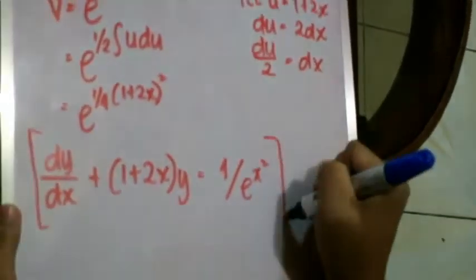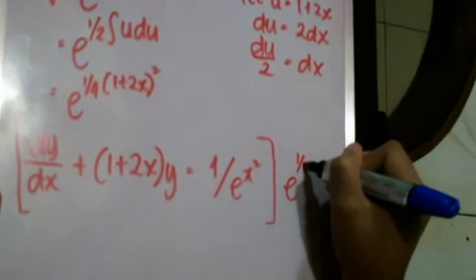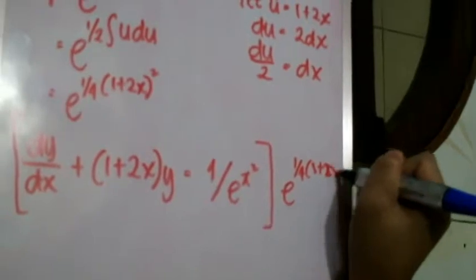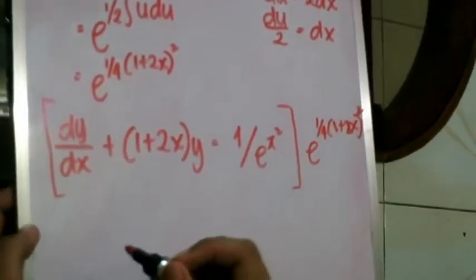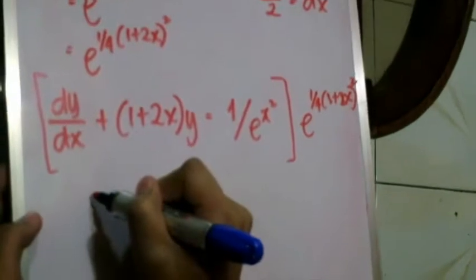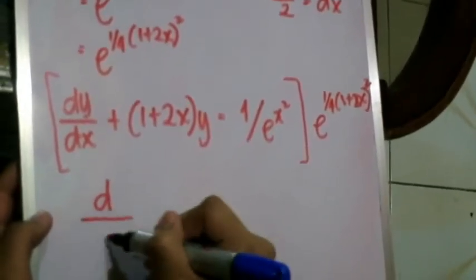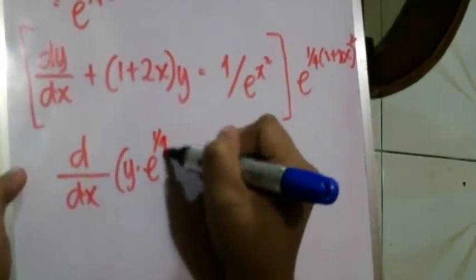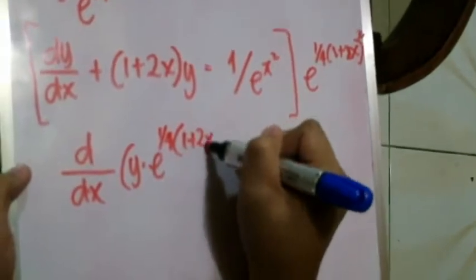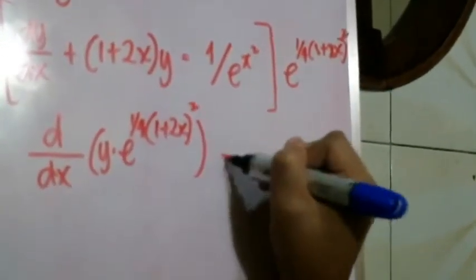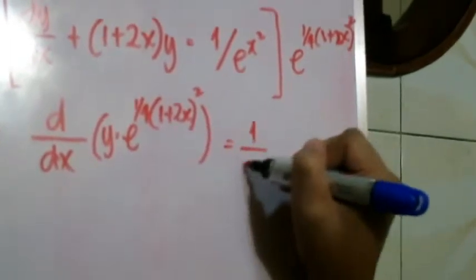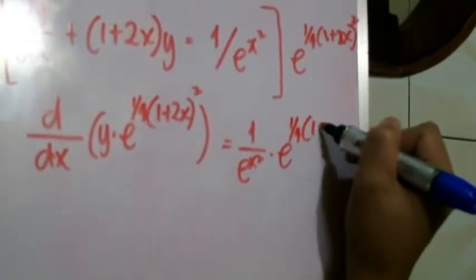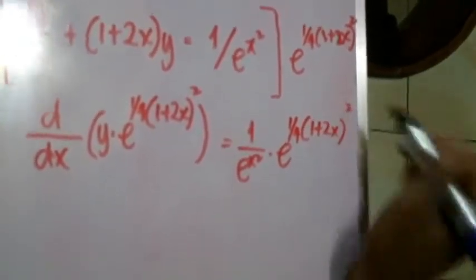Multiplying both sides by the integrating factor, e to the 1/4 times 1 plus 2x squared, then d over dx of y times e to the 1/4 times 1 plus 2x squared equals 1 over e raised to x squared times e to the 1/4 times 1 plus 2x squared.